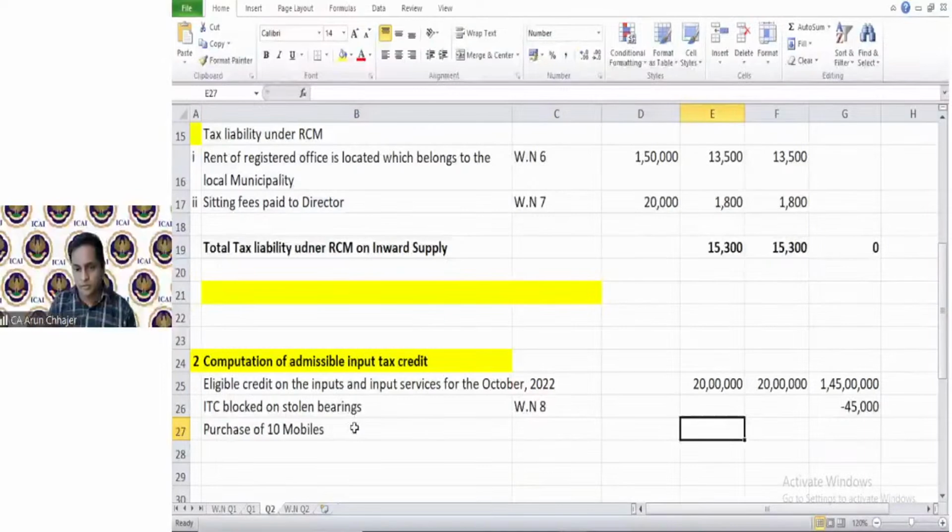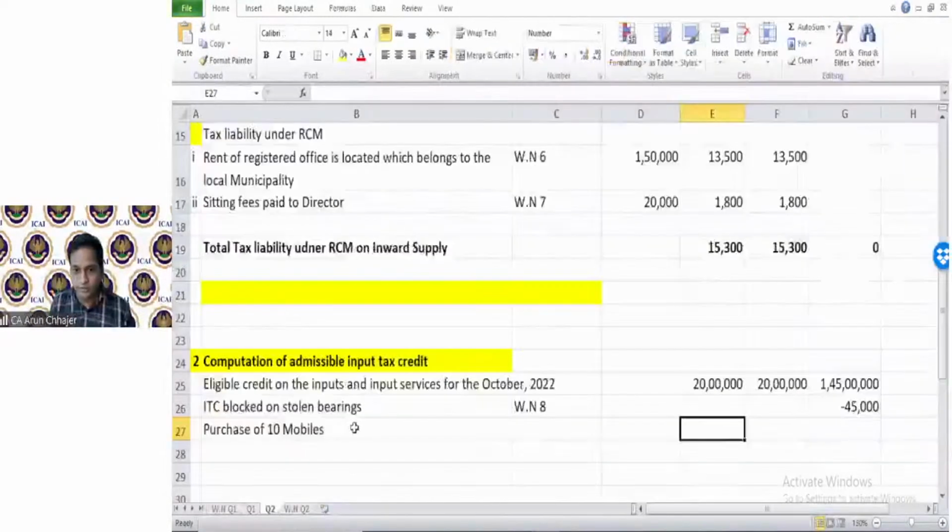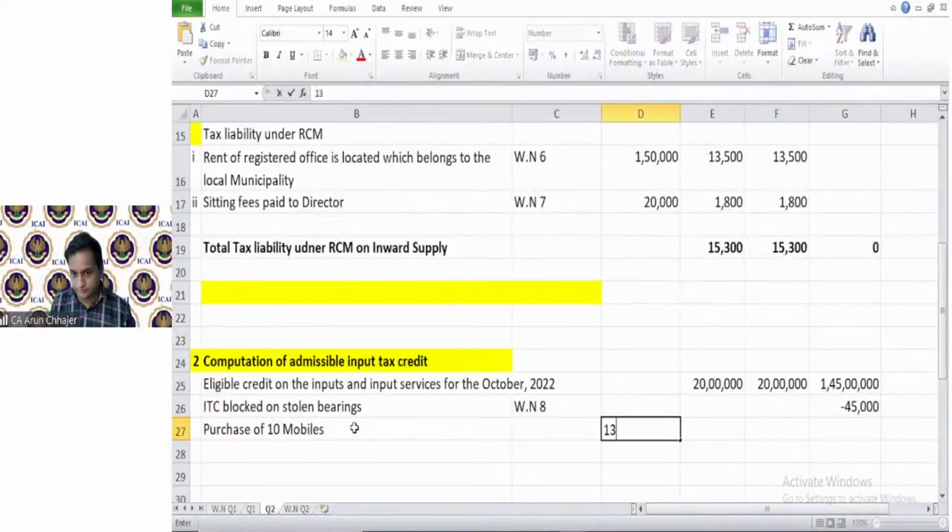So what was the value? 1,20,000, and distributed to perform duties more efficiently for the company. Total price is 1,20,000. And assuming it is CGST, SGST, 0.09, 0.09.